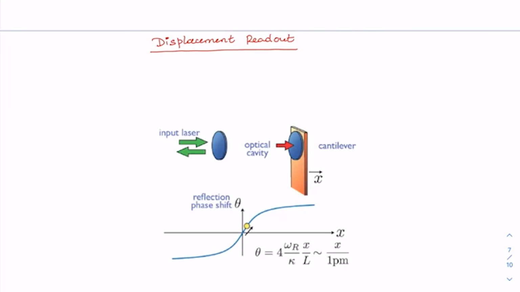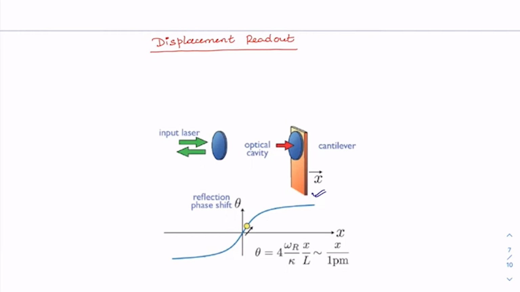If the back mirror of this optomechanical system, say this mirror, is perfectly reflecting, then whatever light is incident on this cantilever will be completely reflected back, and the reflected light will suffer a phase shift.